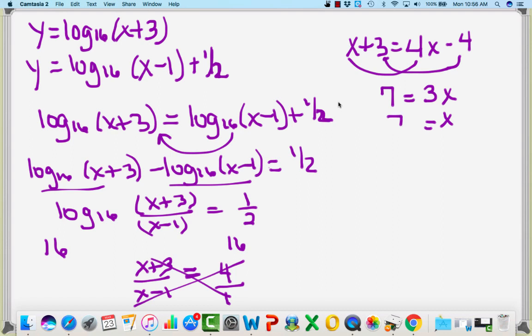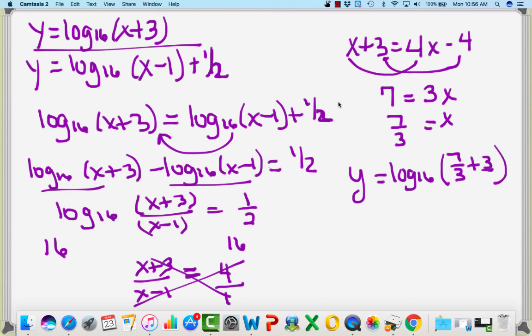But then I need to go back and substitute that in. So I'm going to go right here and get y equals log base 16 of 7/3 plus 3. But let's put that over 1. And then if we crisscross applesauce or get common denominators, I get 7 plus 9, which would be 16 over 3.